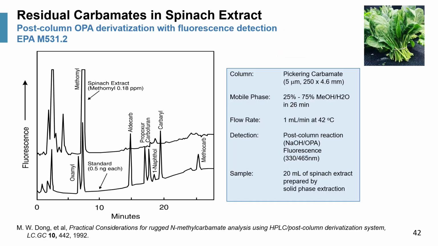One example, which we will describe in the next video on environmental testing, is carbamates using post-column OPA derivatization with fluorescence detection. Shown here is a spinach extract containing a pretty high level, above the regulation level, of a certain carbamate in spinach.